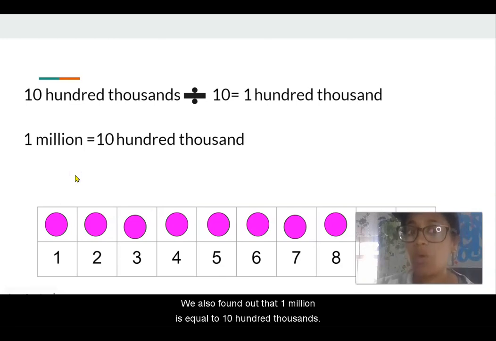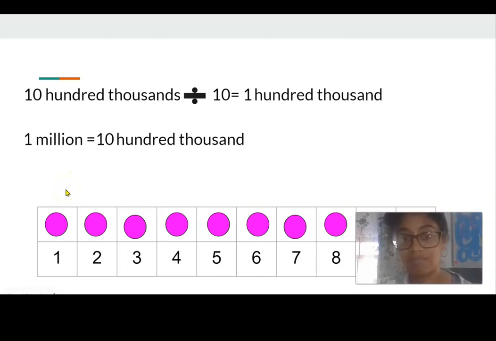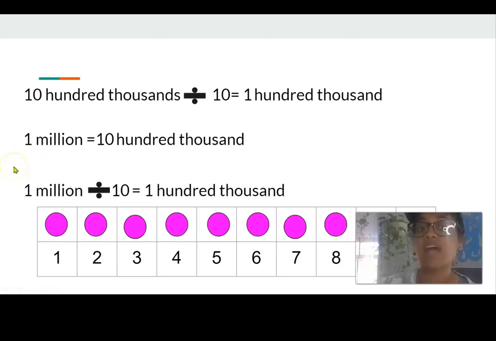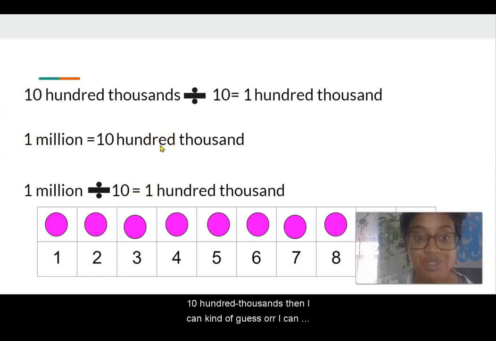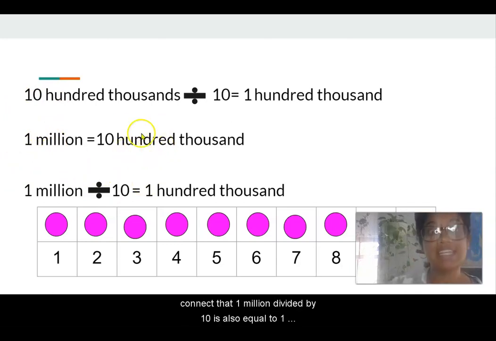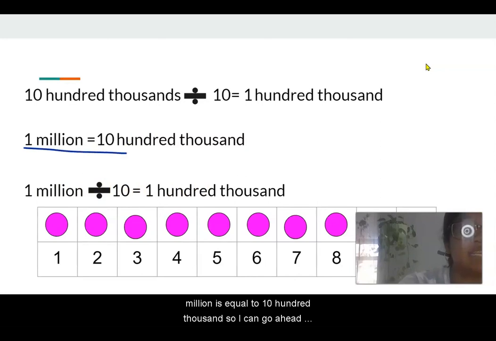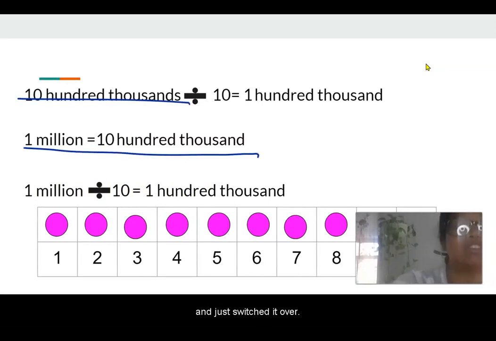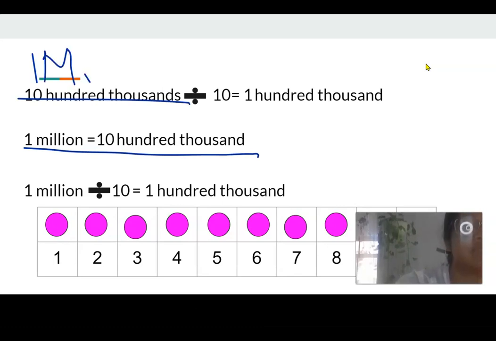We also found out that 1 million is equal to 10 100,000. Because I know that 1 million is equal to 10 100,000, I can connect that 1 million divided by 10 is also equal to 100,000. So I can switch this over to 1 million.